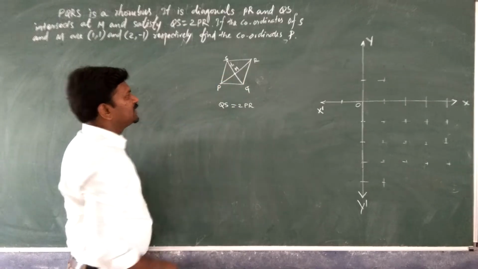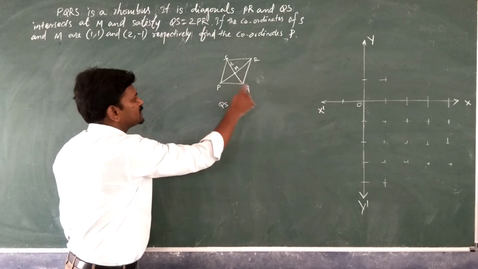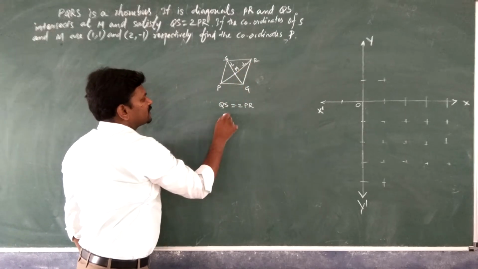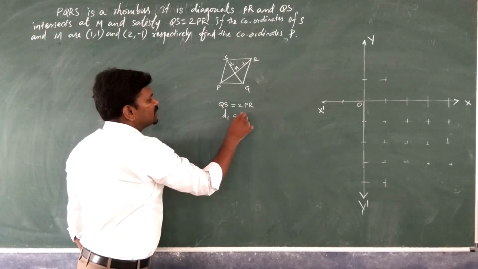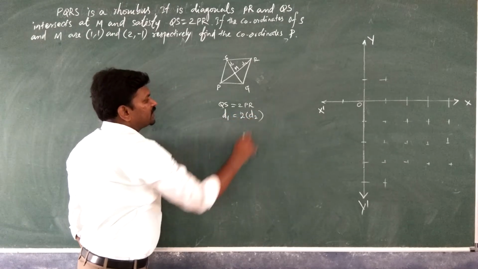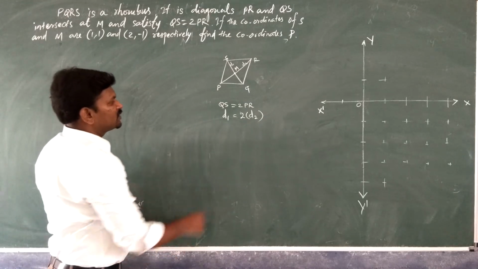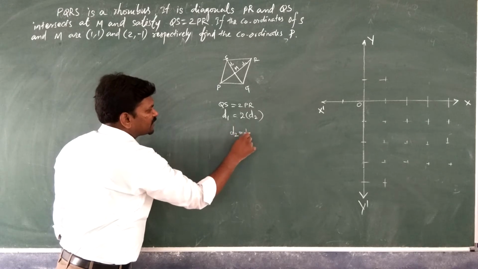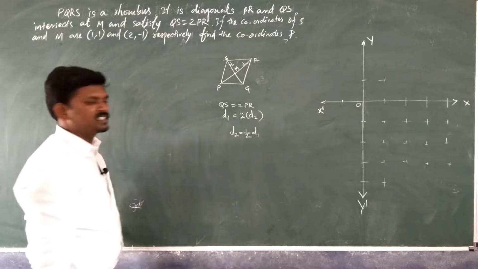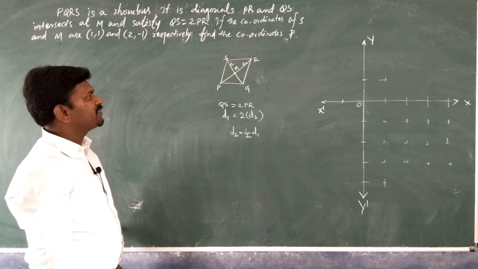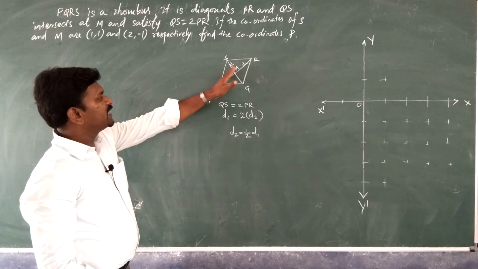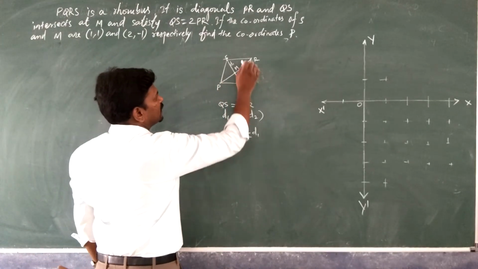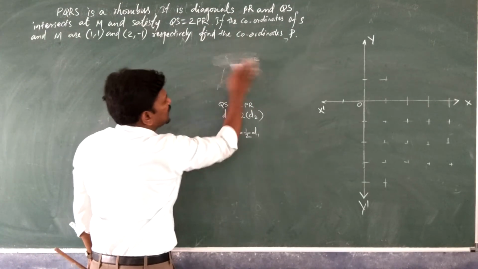we can take as D1. The first diagonal QS or SQ, D1, is equal to 2 times the second diagonal D2. So from this we can say D2 is equal to half of the first diagonal. Here I have drawn it like this, but actually the rhombus is like this.